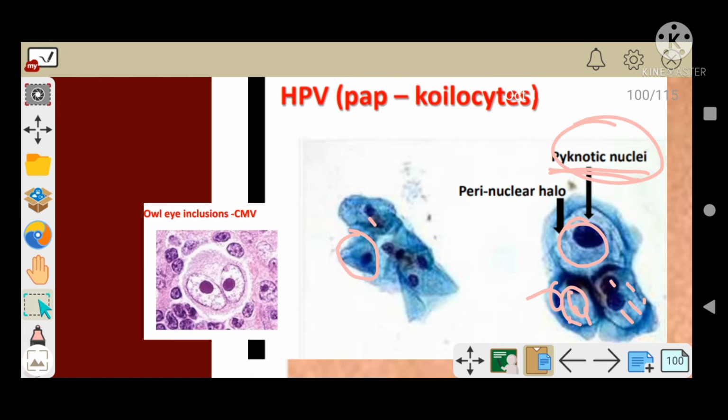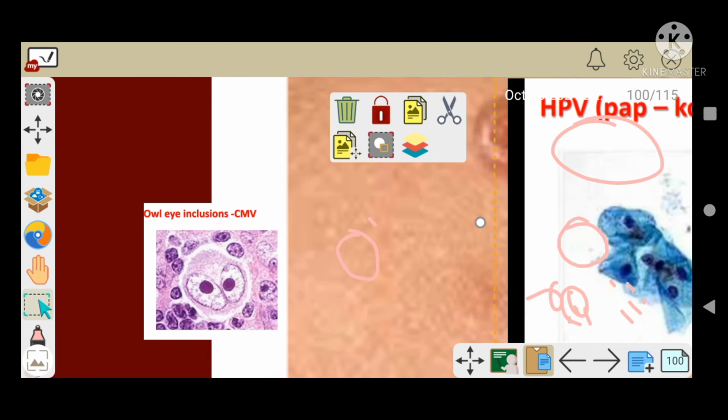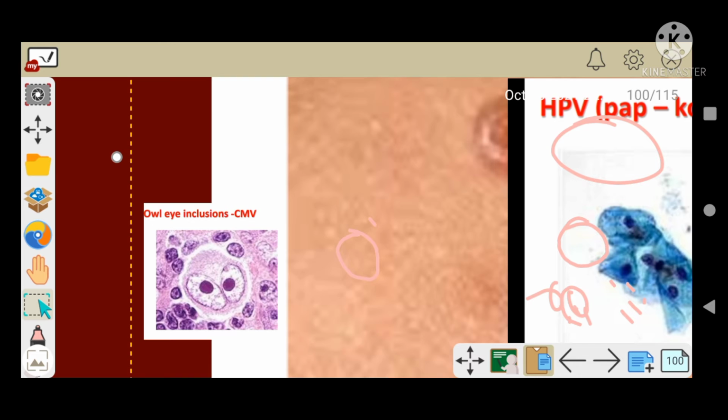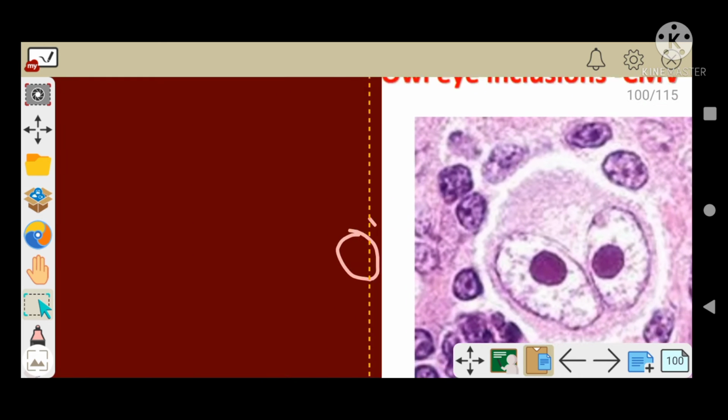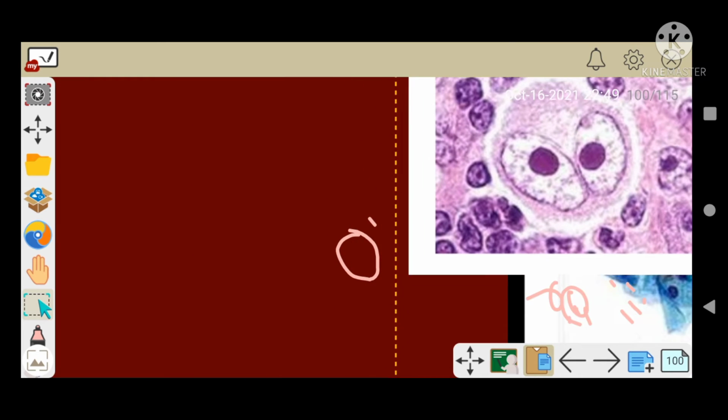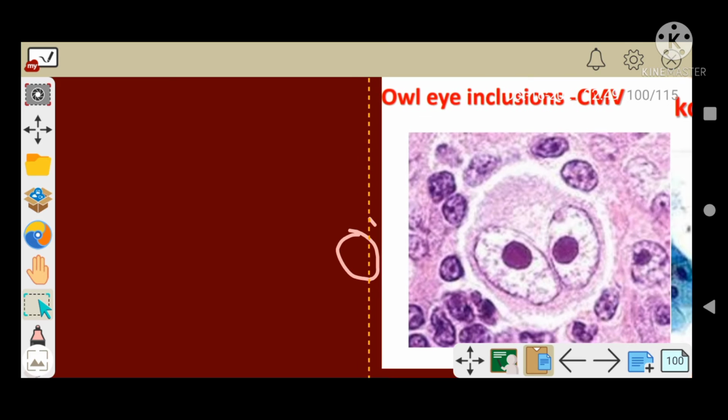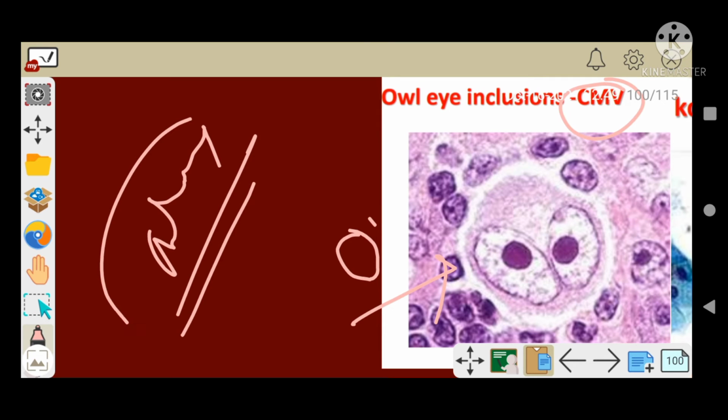Okay, so this one is what I told you in my last session: if a transplant patient is suffering from pneumonia, what is the organism? It is CMV, looks like this one, okay? Owl's eye inclusions, but there are many owl's eye inclusions. We will discuss that in patho.